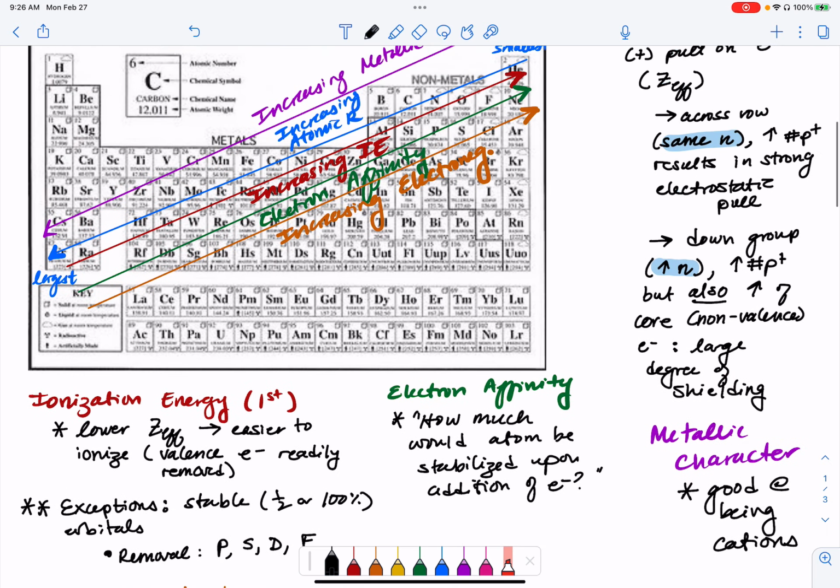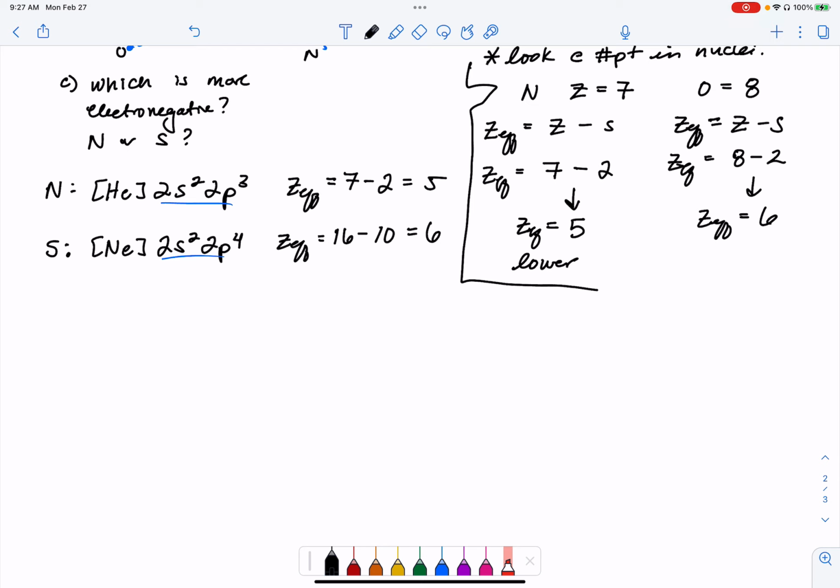Okay, so that is 16 minus the 10 from the neon, right? Neon has 10 electrons, has Z equals 10. So that is 6. Oh, however, gotta be careful here. This is 3s2, 3p4.